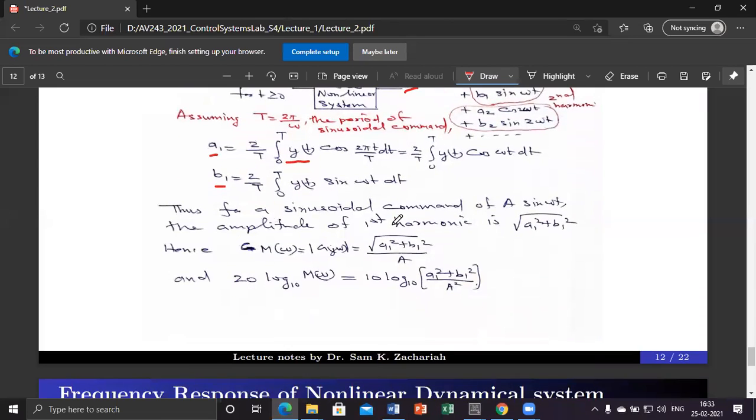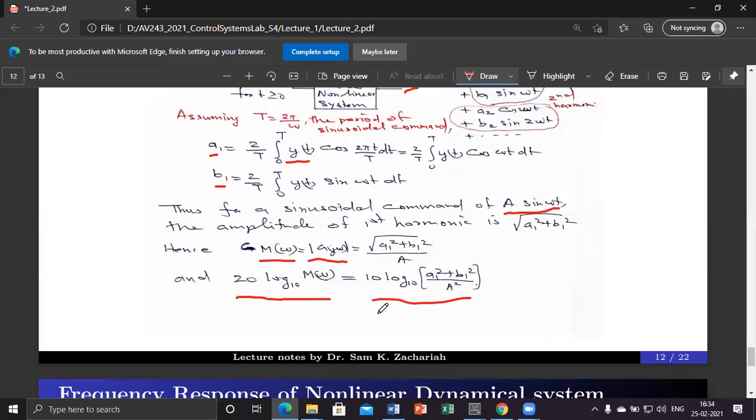Thus, for a sinusoidal command of A sin omega t, the amplitude of the first harmonic is square root of A1 square plus B1 square. And hence M of omega, which is nothing but the magnitude of G of j omega, is equal to square root of A1 square plus B1 square divided by A. And you can find 20 log to the base 10 of M of omega to get it in dB.